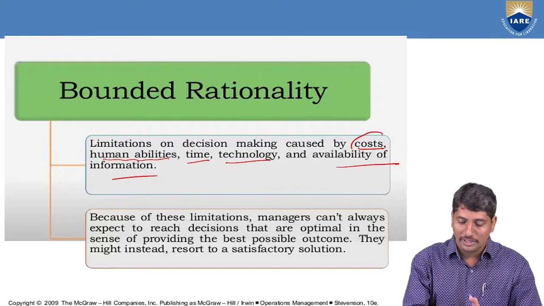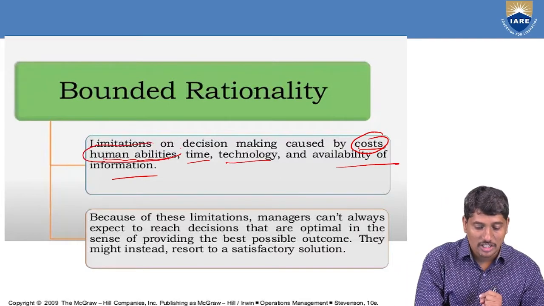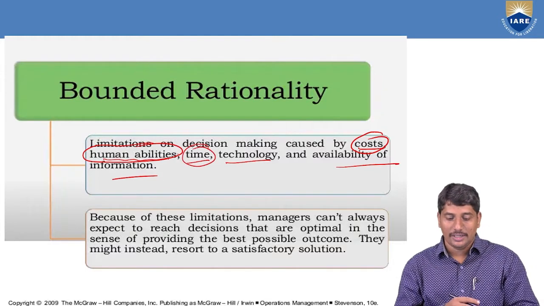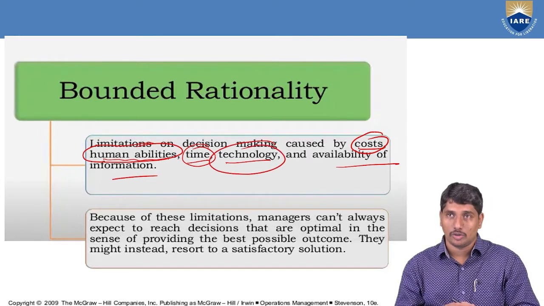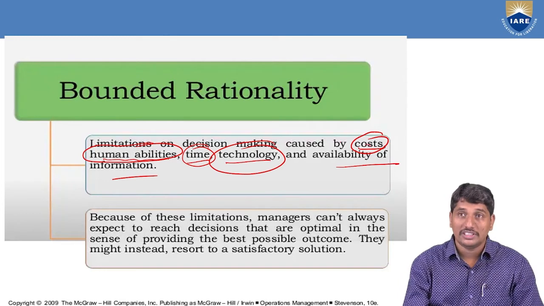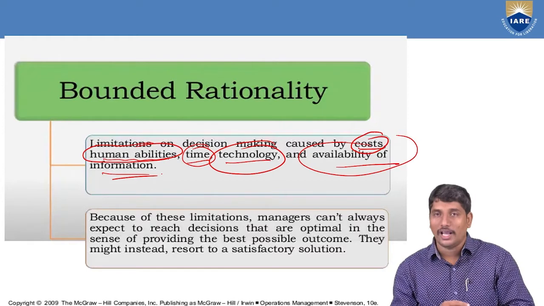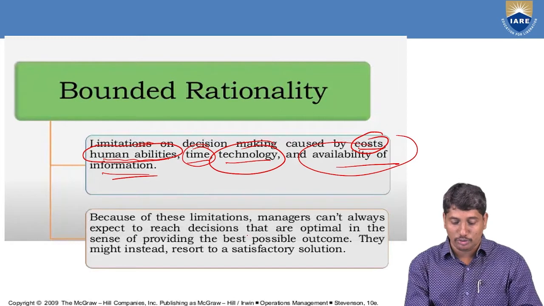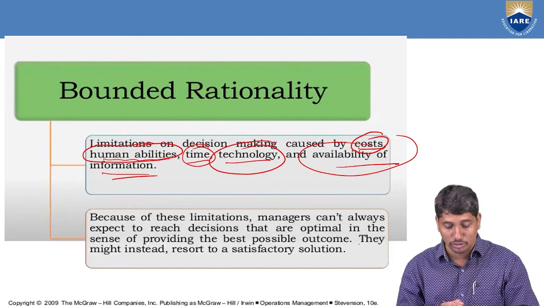To minimize the cost, we apply decision theory; to optimize the human abilities, the time, the technical resources, and to handle the availability of information, we apply decision theory. Because of these limitations, managers can't always expect to reach decisions that are optimal in the sense of providing the best possible outcome. They might instead resort to satisficing.